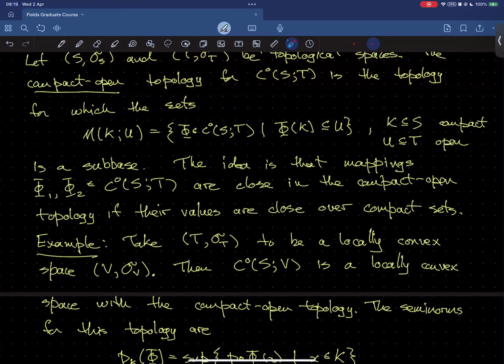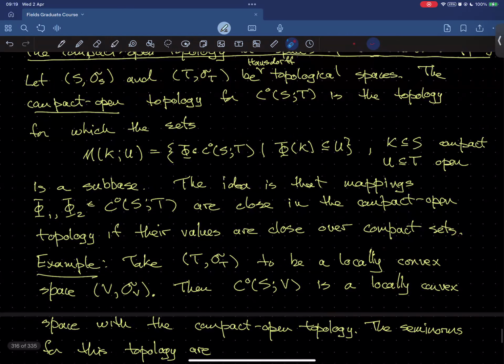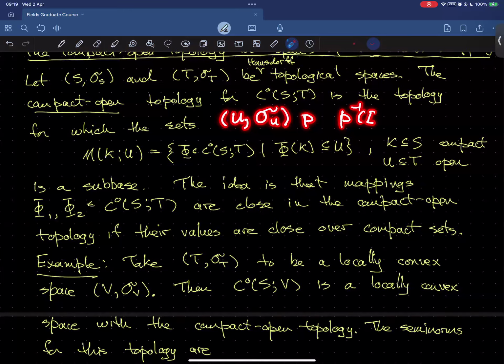For example, if you have a locally convex space, let's say U, and we have a semi-norm, P, for U, then P inverse of the balls in this semi-norm of radius R form a subbase. Well, they form a neighborhood subbase at 0 for the locally convex topology. And if I go U plus this, then that forms a subbase for the whole topology.